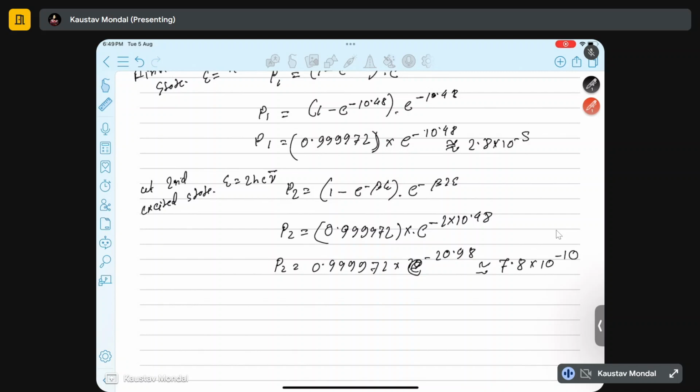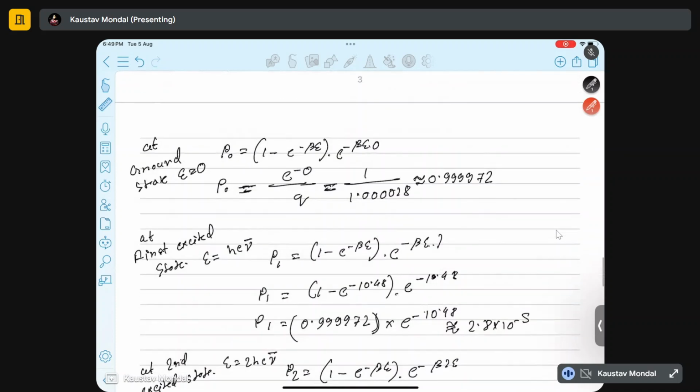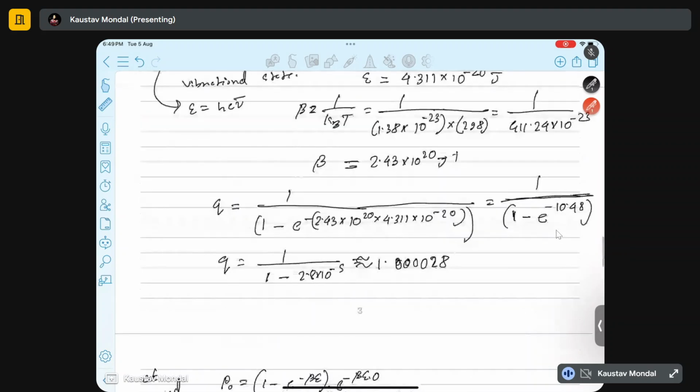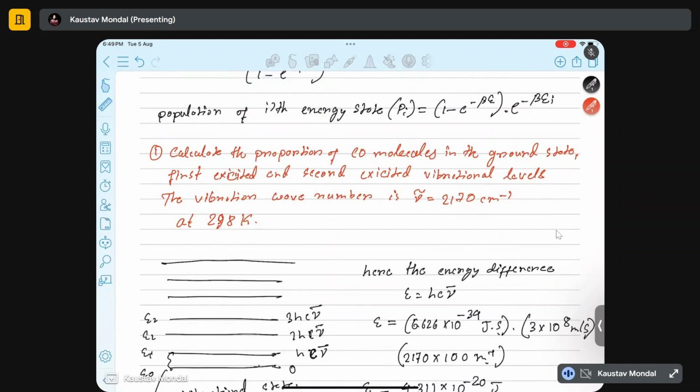Okay, so at the second energy state, the probability is 10th order smaller. So this is quite expected. That means that in this kind of temperature, which is not very high temperature, the system, in terms of vibrational states, mostly remains in the ground vibrational state.